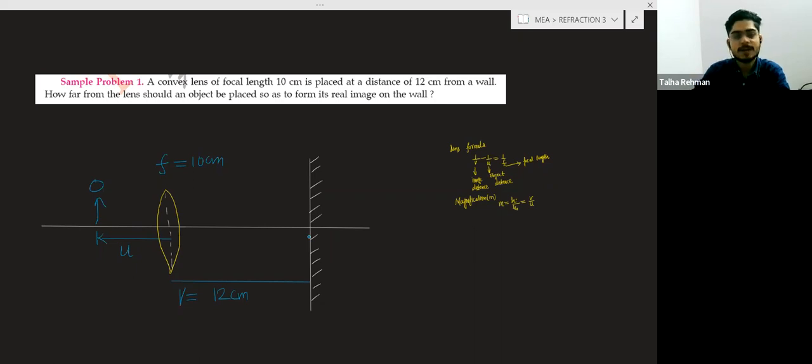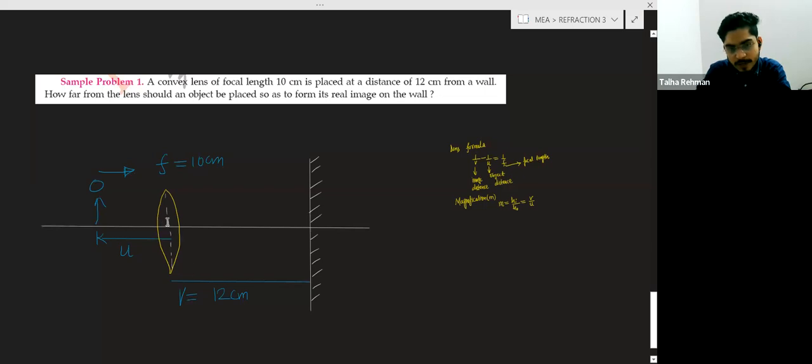Now, for the sign: you have placed your object here, and the direction of the light will be this, because the object gives light in this direction.